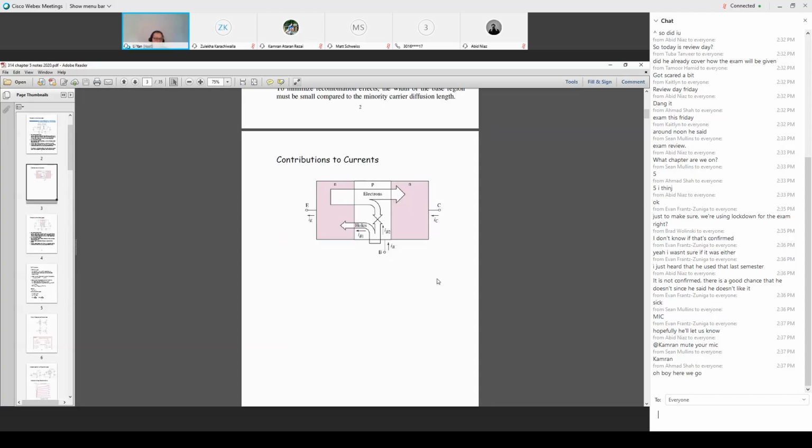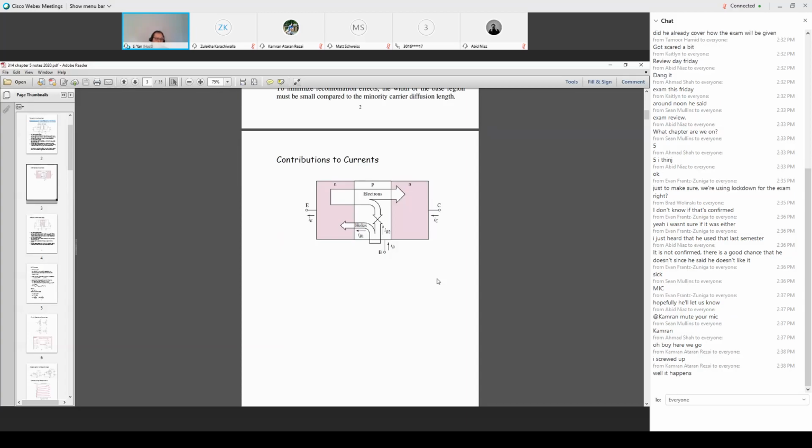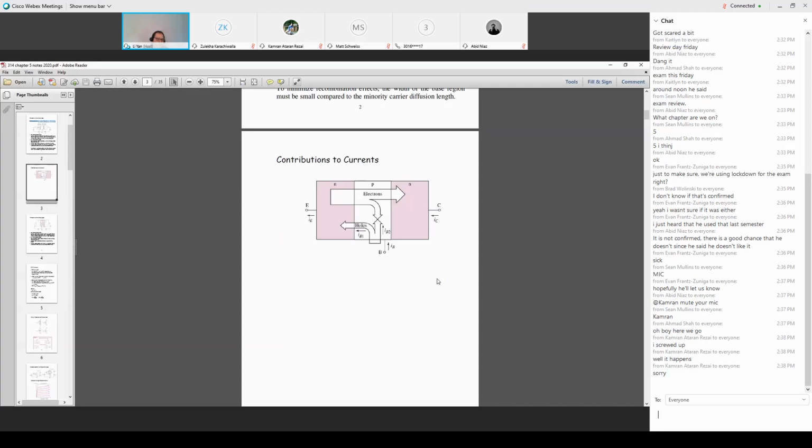Just lay out where those carriers originated from, what direction they flow, and the corresponding current. Is it clear? I think the second graph is more clear in terms of where the charge carriers move and where the associated current directions are. Did you see that?